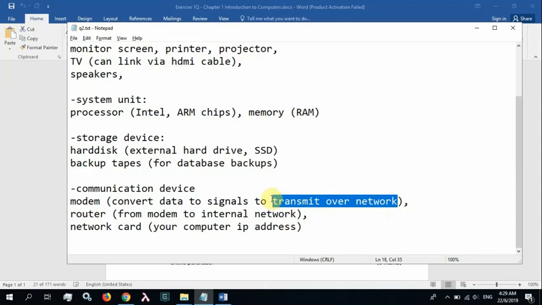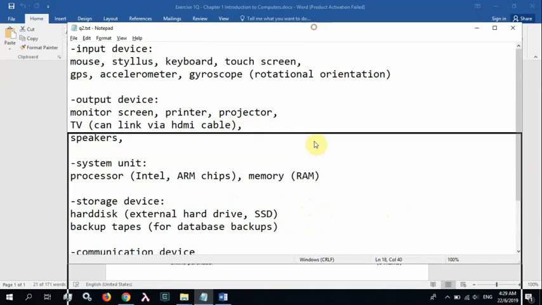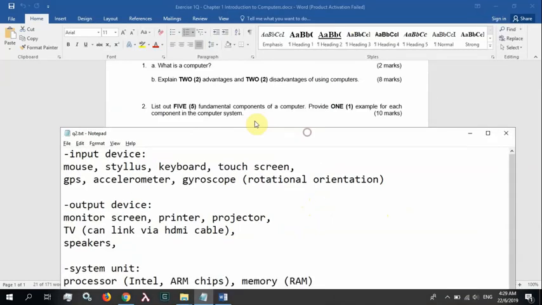If you're on a regular cable, telephony cable, then it will be electrical signals. Okay, and you need to have a device to convert from your data to the signals. Okay, to convert them into their proper transmission modes. Okay, so that is for the fundamental components of a computer.